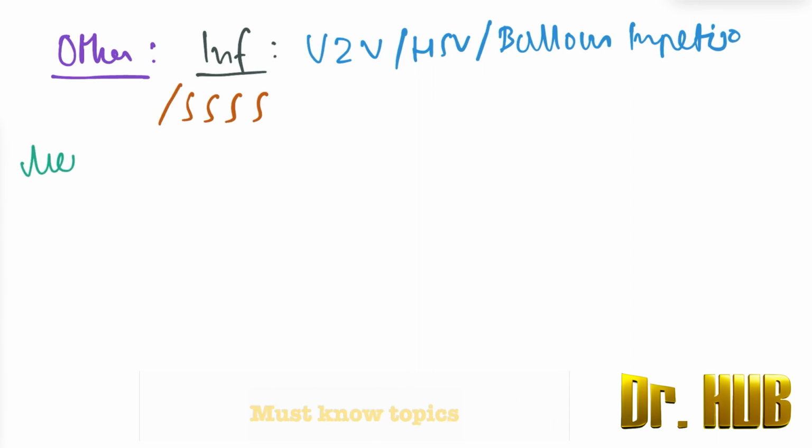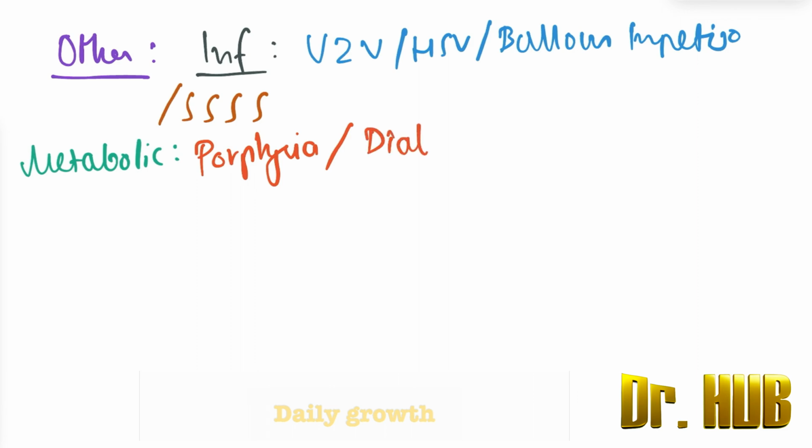Next is metabolic. Metabolic includes porphyria, diabetes, as well as hemodialysis.